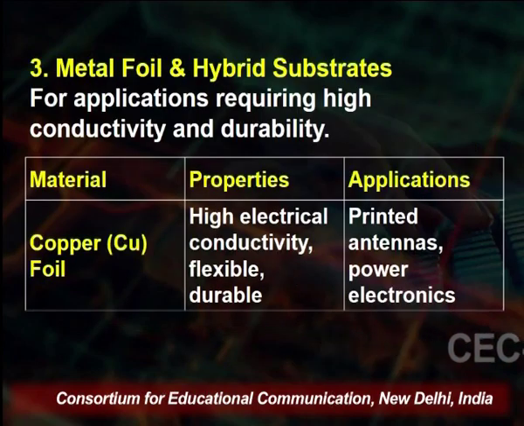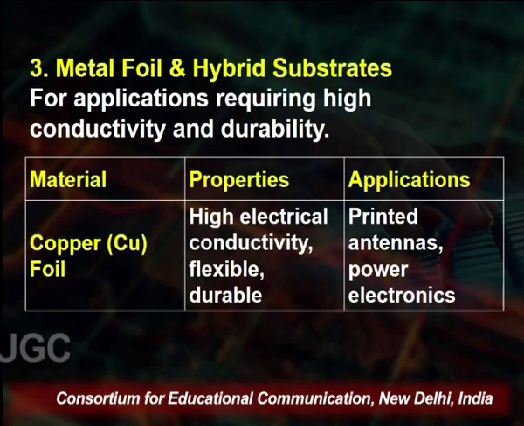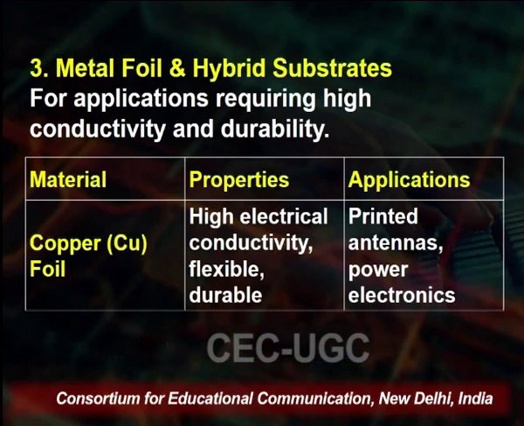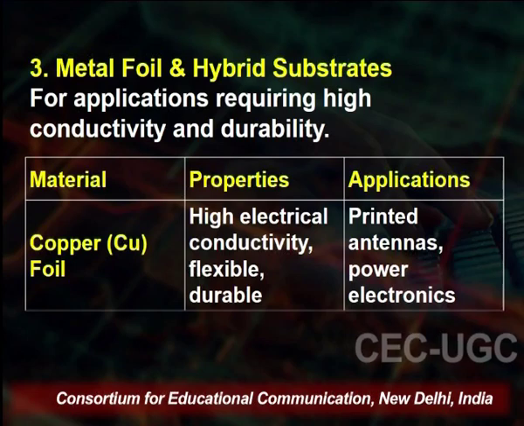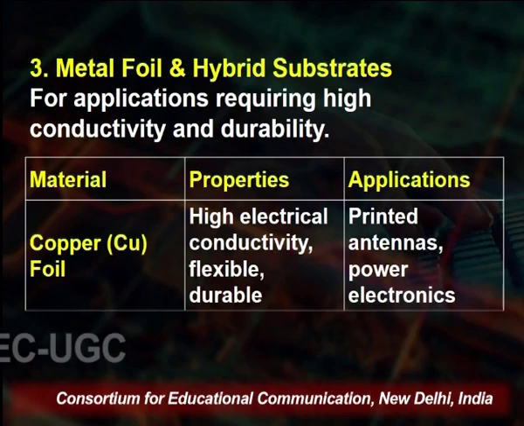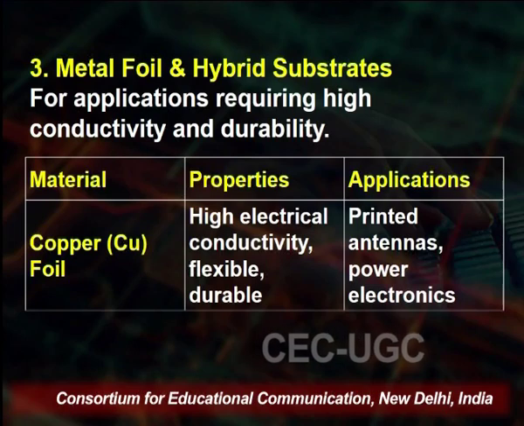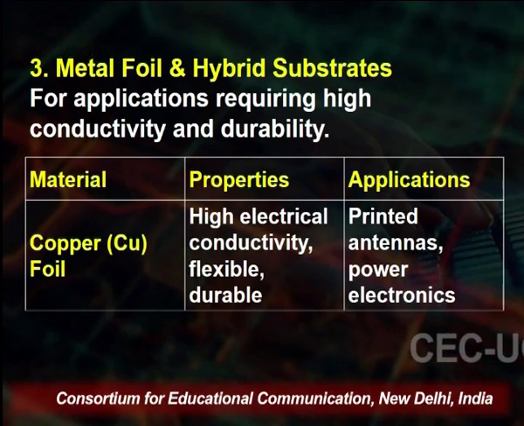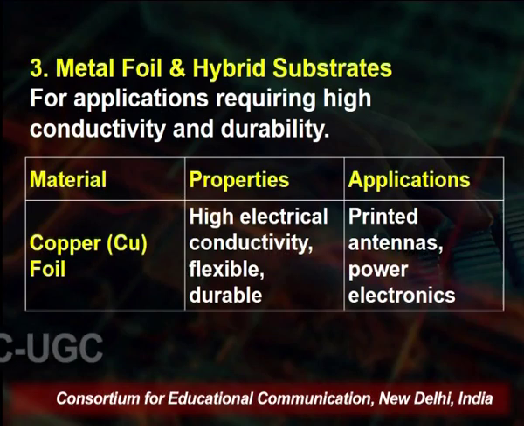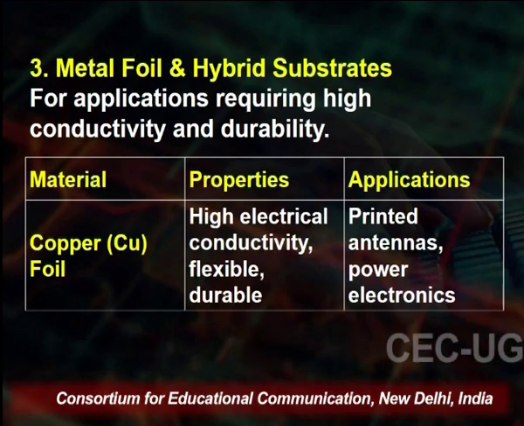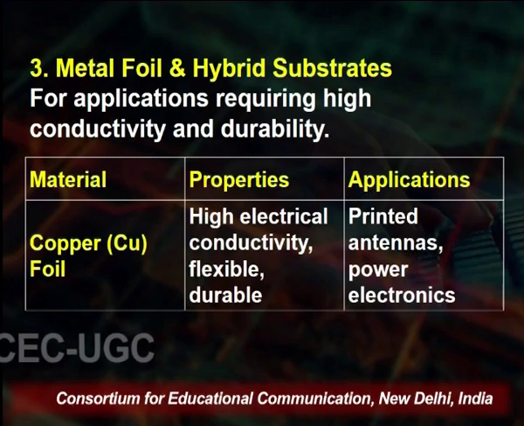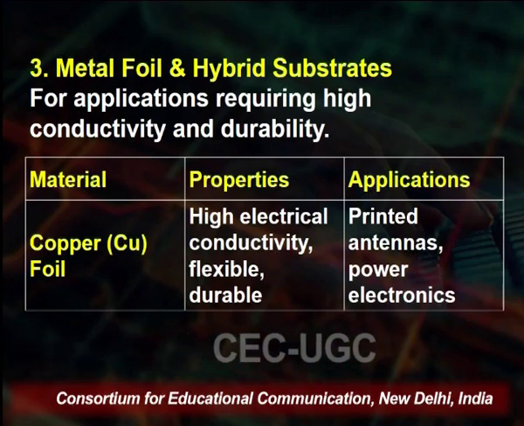Another type of substrates are metal foil and hybrid substrates for applications requiring high conductivity and durability. So, copper foil we use, it is very simple, and it has high conductivity, and is flexible and durable.